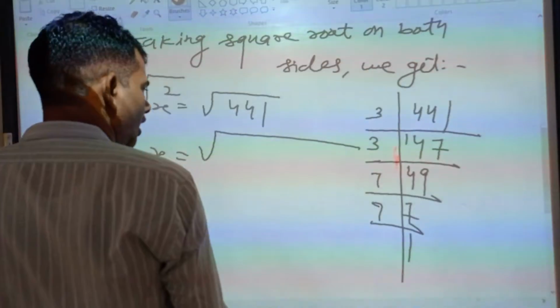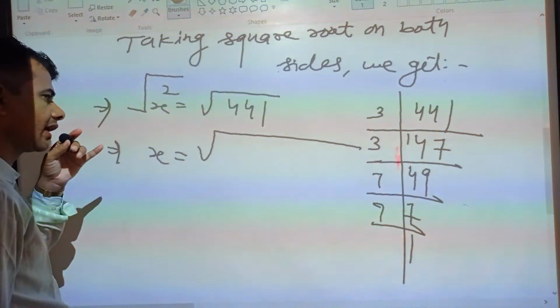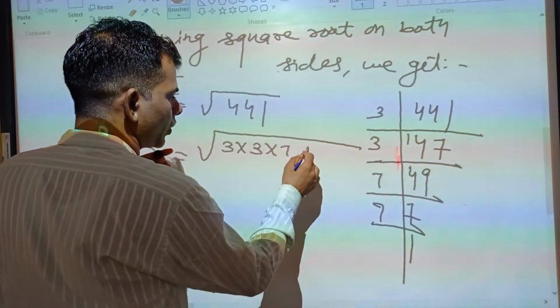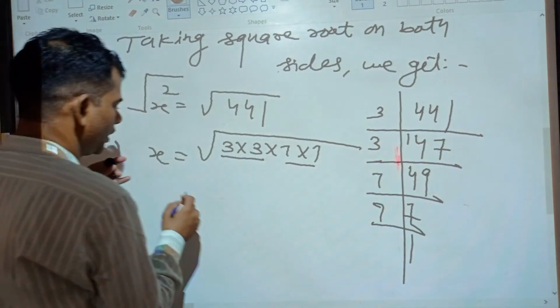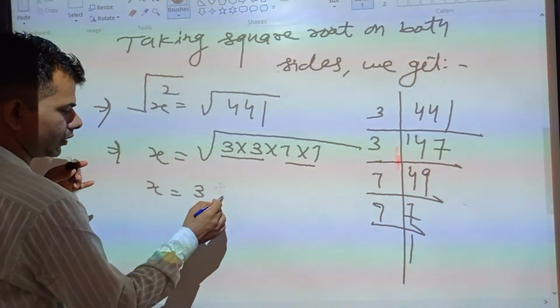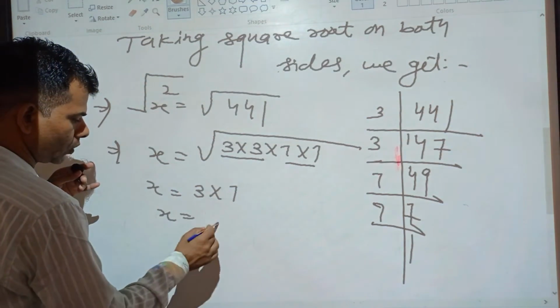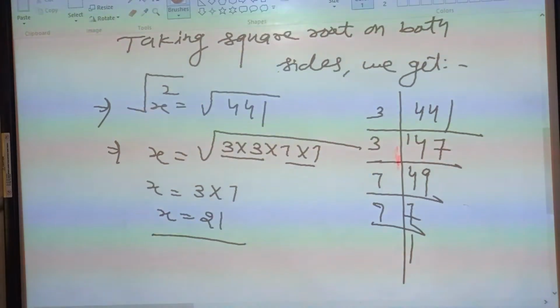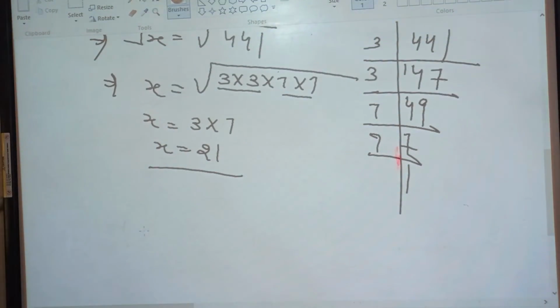Now 441 can be written as 3 into 3, 7 into 7. Now x is equal to 3 into 7, x is equal to 21. Therefore, length of side of a square is 21 meter.